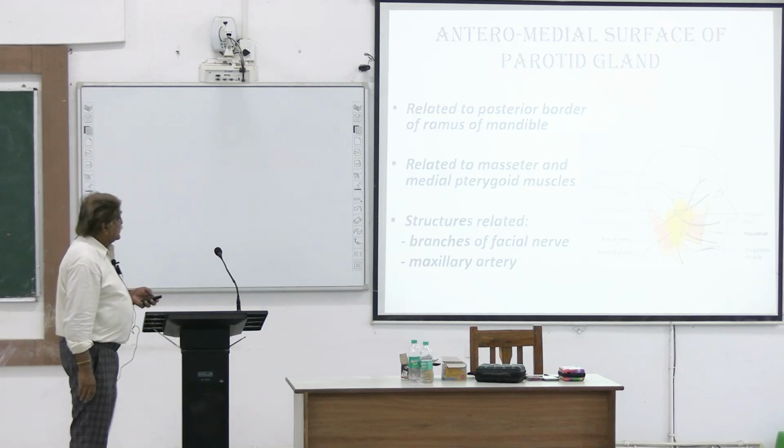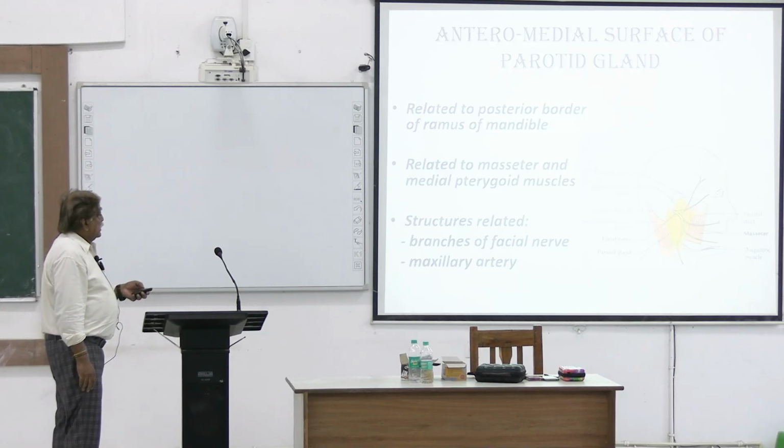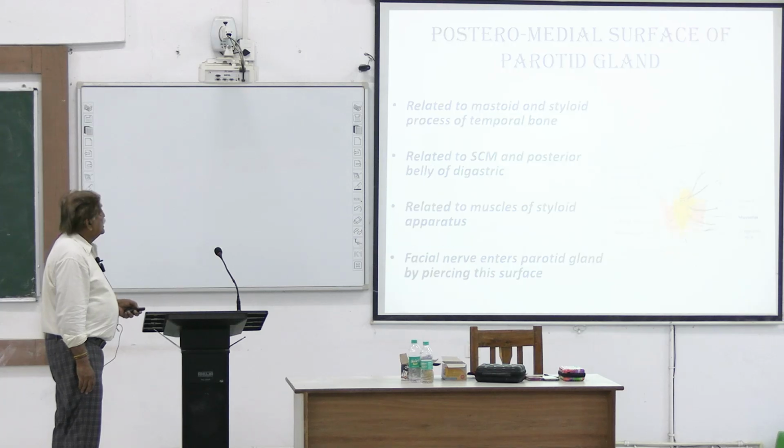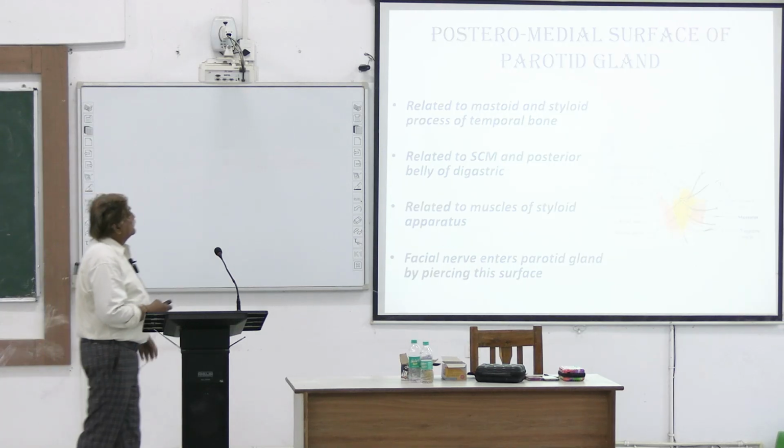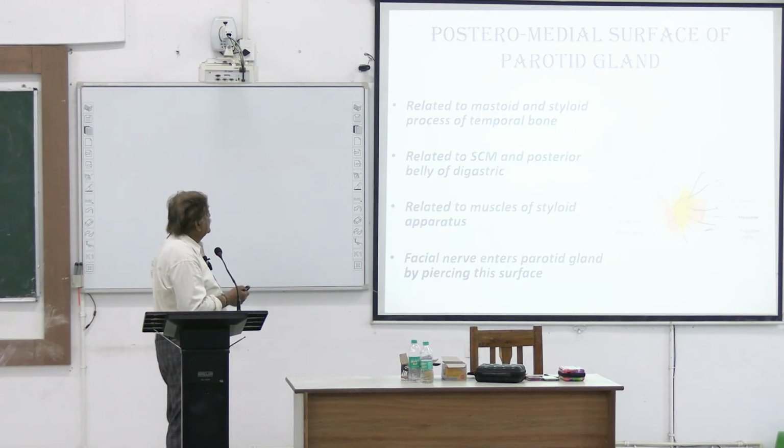And the structures are the branches of the facial nerve and maxillary artery. Posteromedial surface of the parotid gland is related to the mastoid and styloid process of the temporal bone, related to the belly of the digastric, related to the muscles of the styloid apparatus.